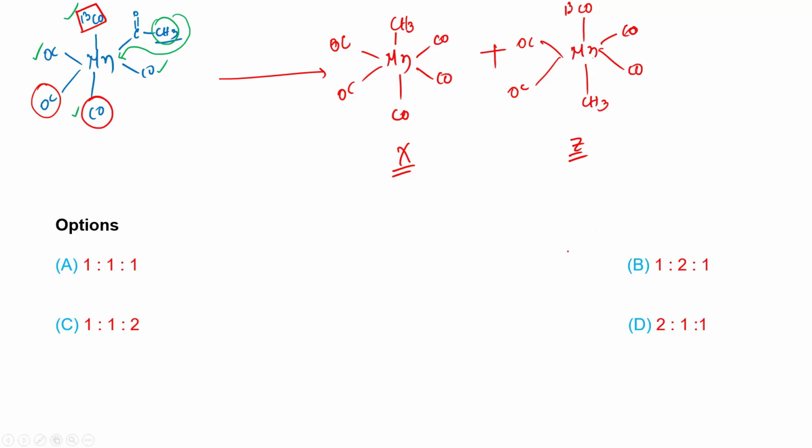Here there are two equatorial CO groups which are cis to this acyl group. So both of these CO groups can be eliminated with simultaneous insertion of CH3. Thus two of these cis products will form.